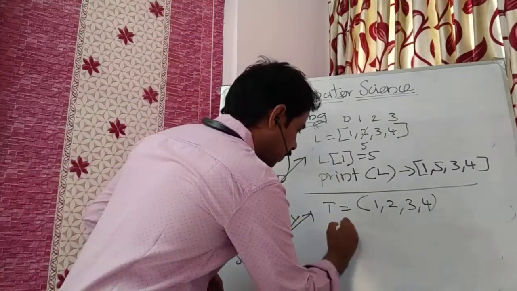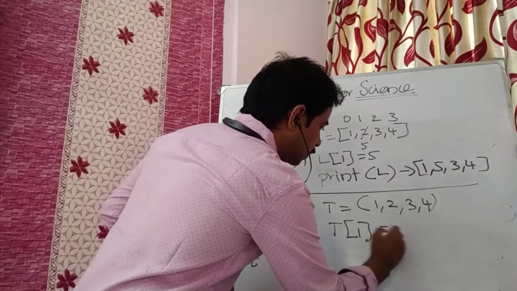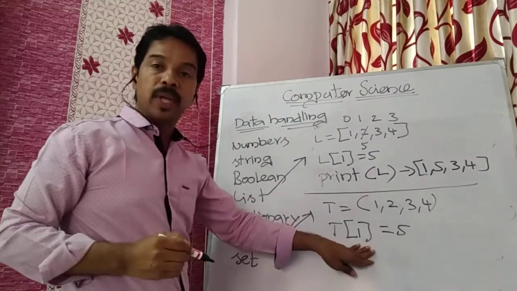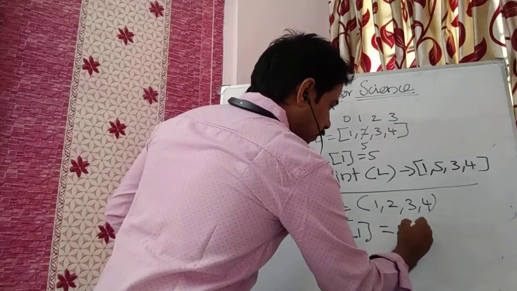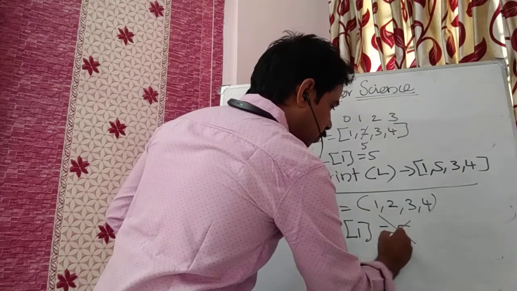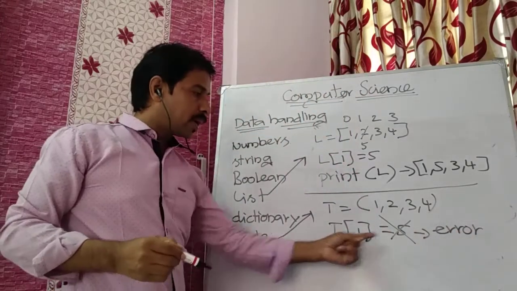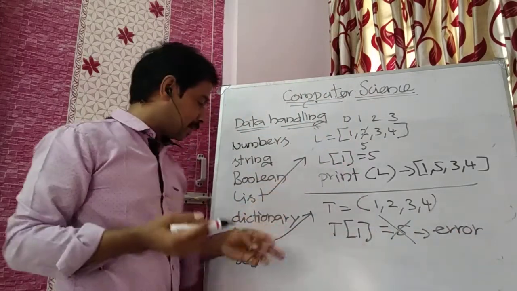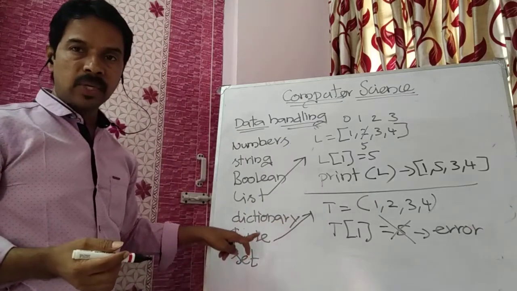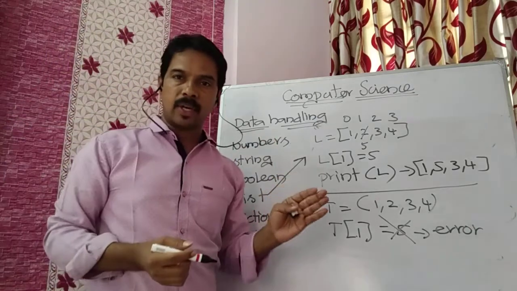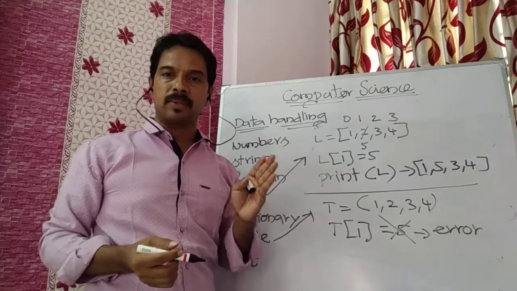For example, T of 1 is equal to 5, if you give, this one will throw an error. Because you cannot modify, you cannot update this tuple. So in tuple, modification or updation is not possible.